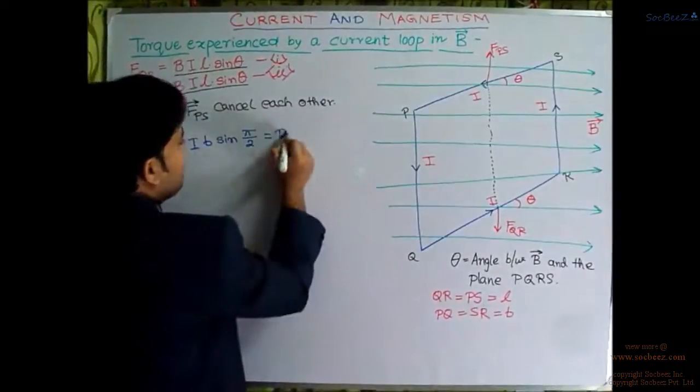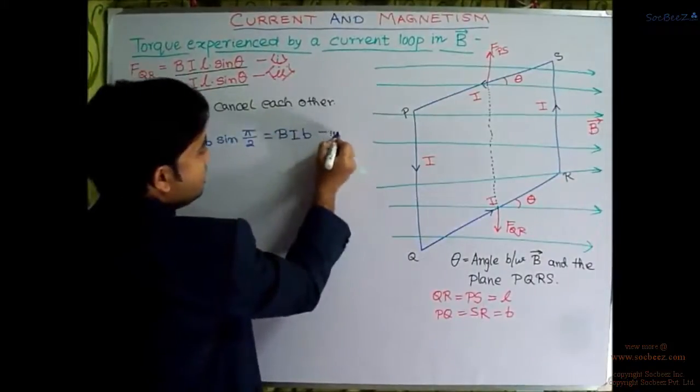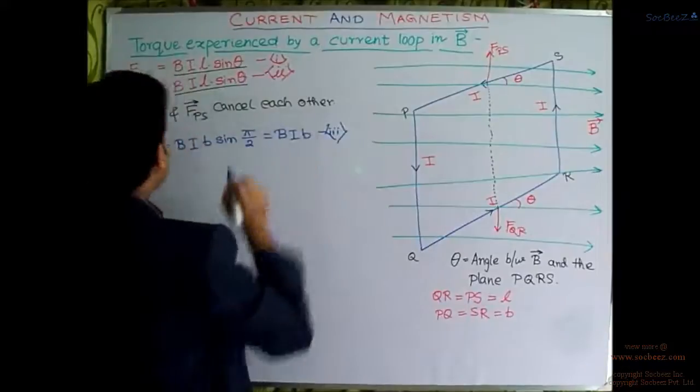We can write it as BIb. Let us leave it as the third equation.